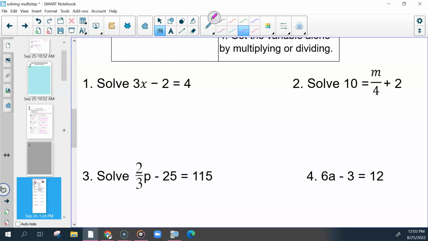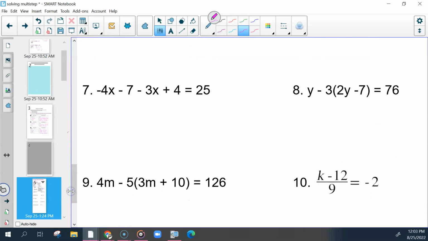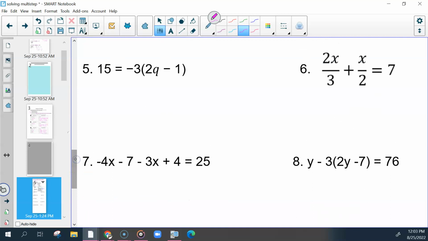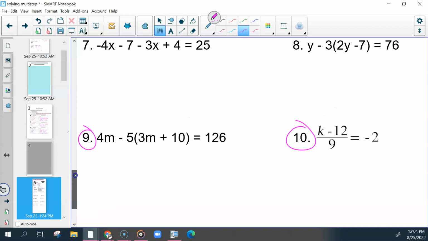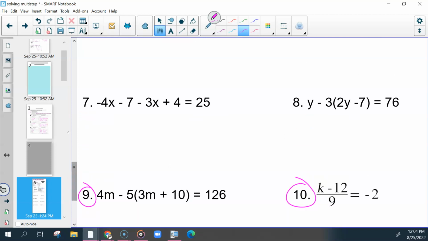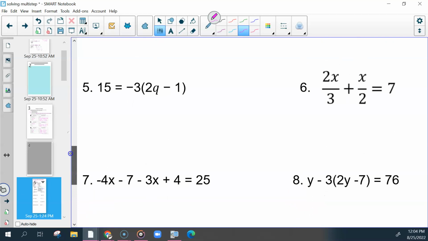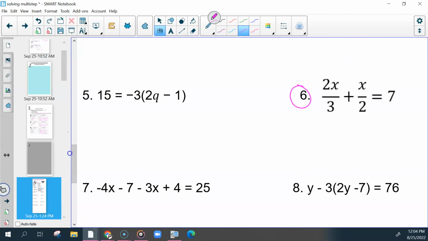Am I good? 9. Any others? We got 9, we got 10. Any others? 6. 6 is a good one.